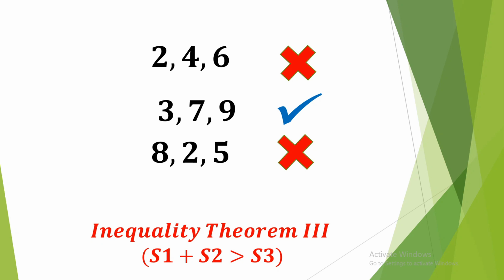Or the sum of any two segments of a triangle should be greater than the third side. So if you can find at least one pair of measures of segments which is not greater than the third side, then that means we cannot form a triangle using the given lengths of segments.